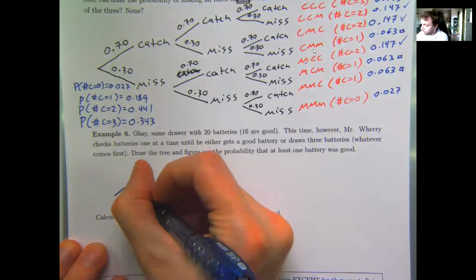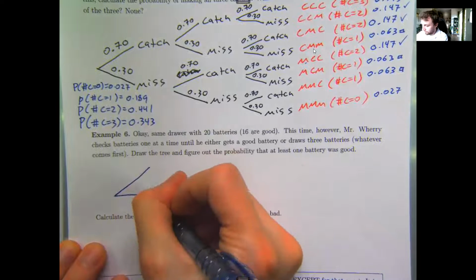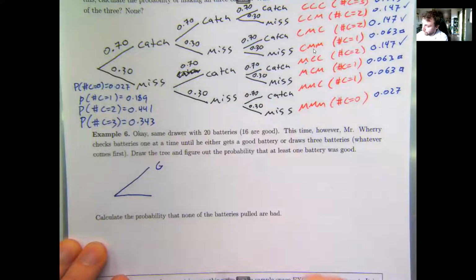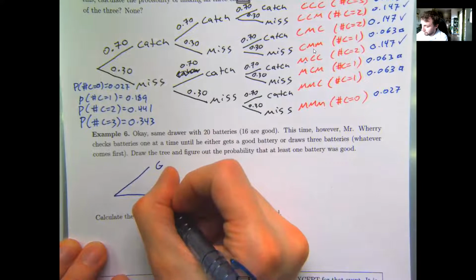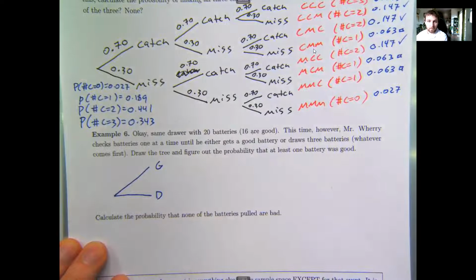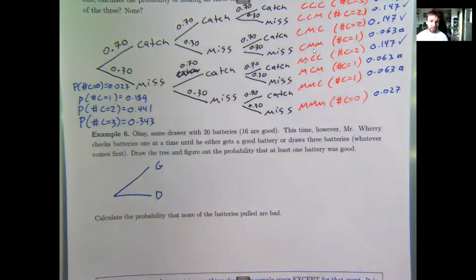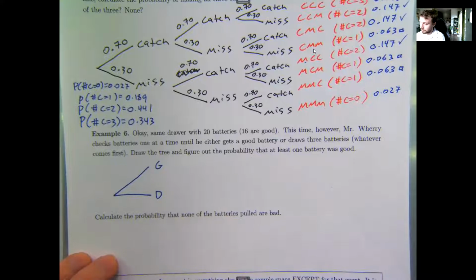So the first set of branches here is either good or it's dead. Unlike the last one, where I could keep catching and missing all day long and it would stay 70% for catching and 30% for missing, this time I'm removing batteries as I go, so I might see these probabilities change.